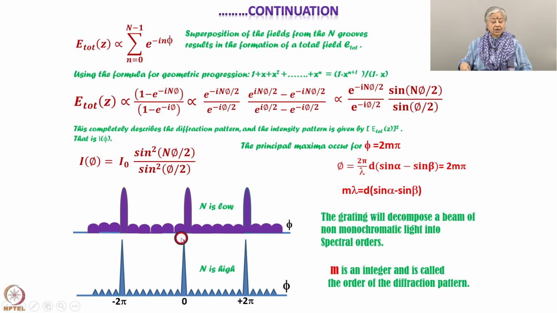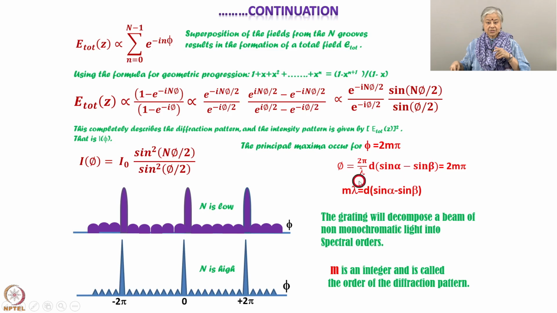So, let me start at this point. Here, the intensity depending on phi was given by this, with sin alpha minus sin beta. Alpha was the angle of incidence and beta was the angle of diffraction.